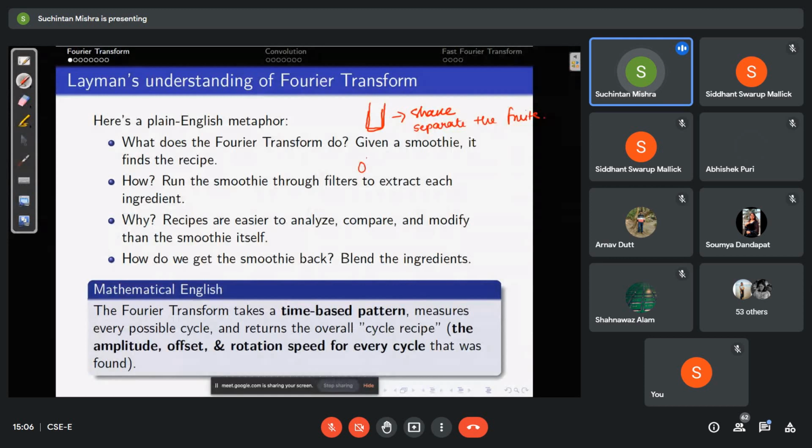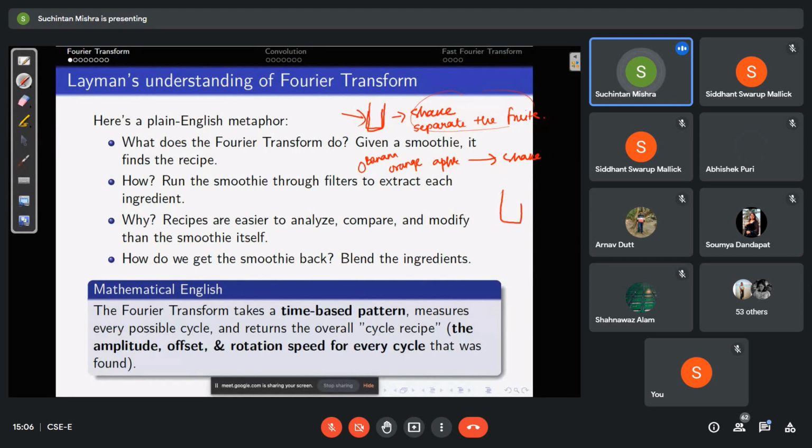I give you banana, apple, ask you to make a shake, that can be done. But if I ask you that given the shake, can you bring back all the fruits? So yes, we can do that.